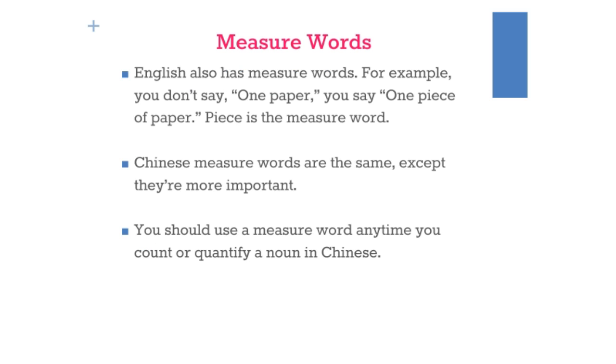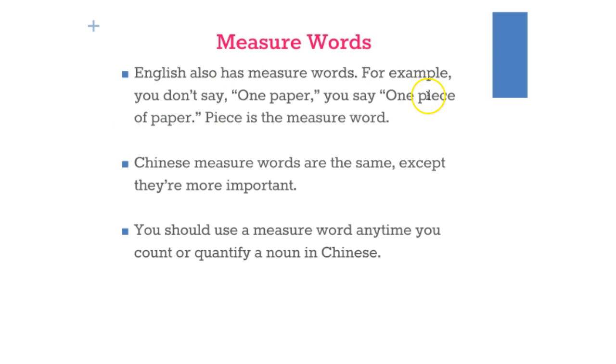What is a measure word? Well, it might be helpful to think of the measure words that we have in English. For example, I don't really say one paper, I say one piece of paper, or one cup of coffee.